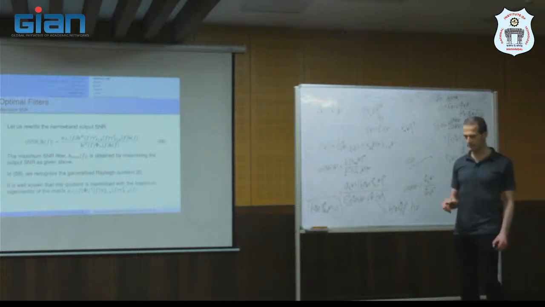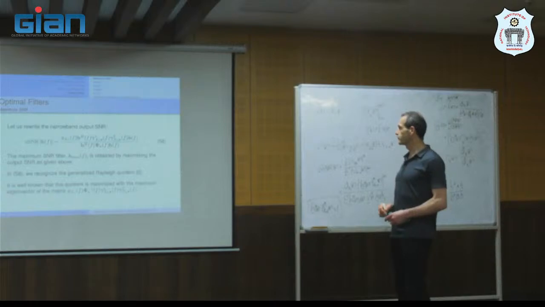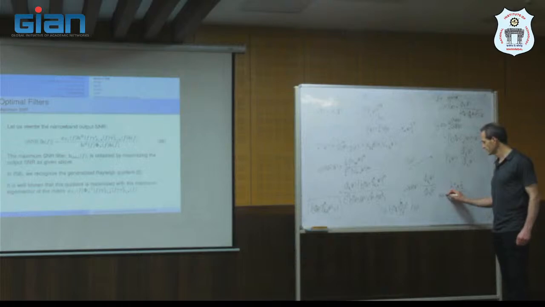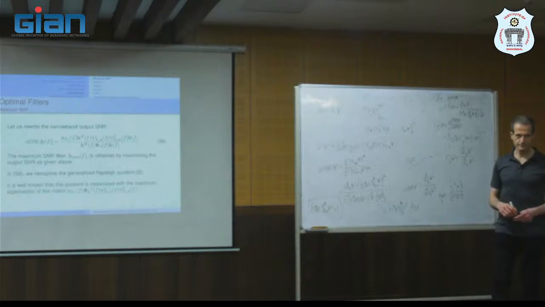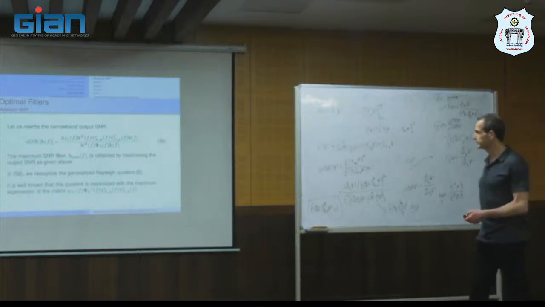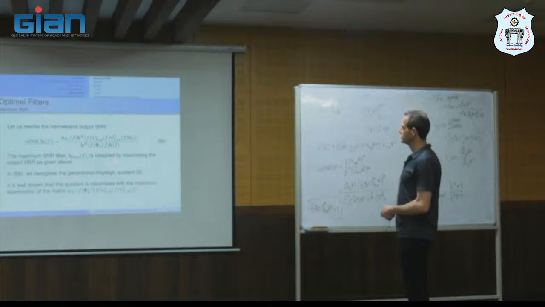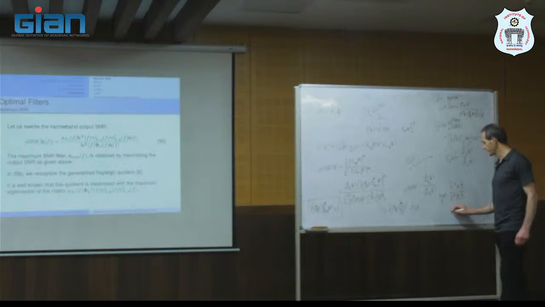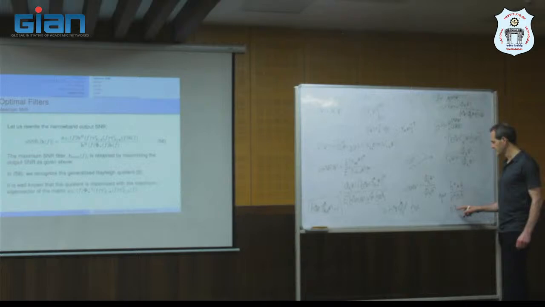So whenever we have a ratio like this, if we want to find the maximum of this ratio over H, we know the solution. The solution will be proportional to the first eigenvector of B^{-1}A. So H is proportional to the first eigenvector of this matrix.